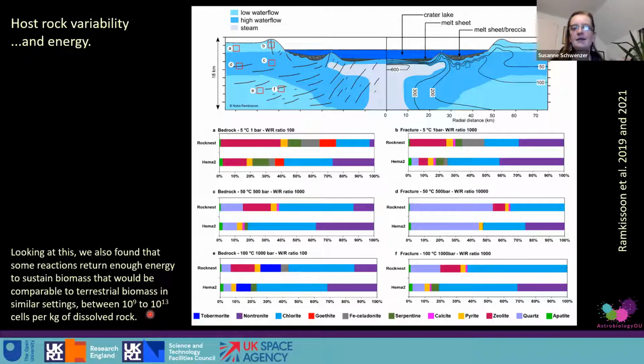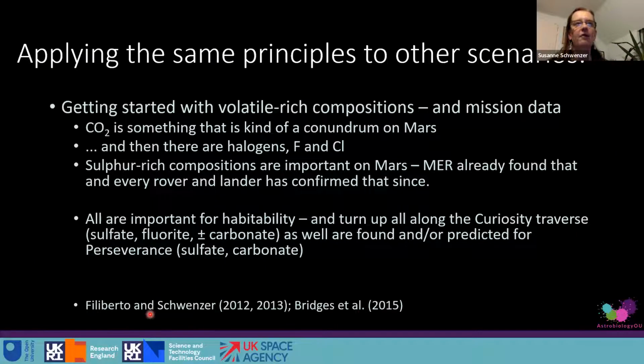And with that, now let's look at a few other scenarios that are not big impact craters at 150 degrees C. And I'm going back to another impact crater first, but hey ho, they are interesting. Because what I haven't looked at now are all these volatiles. CO2 is something of a conundrum on Mars, because there is the thick CO2 atmosphere. It should be there, yet we have found very little carbonates.